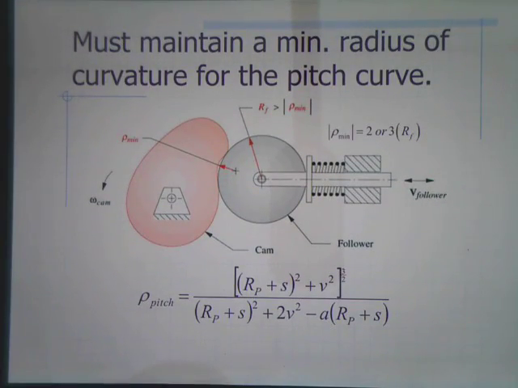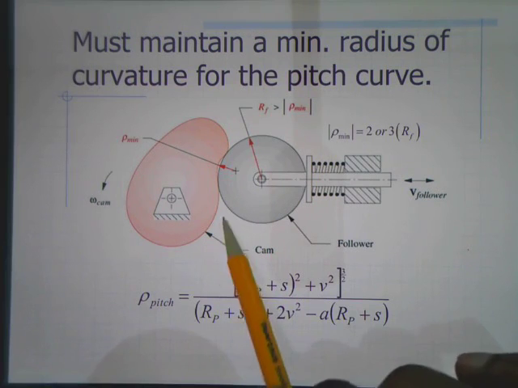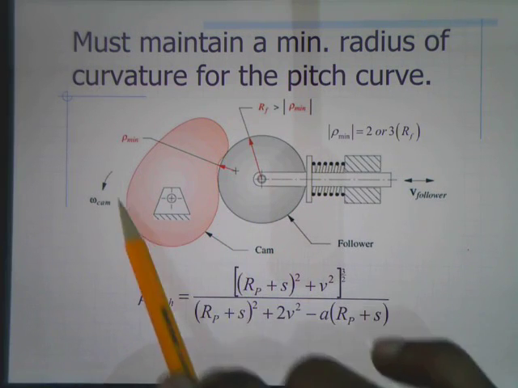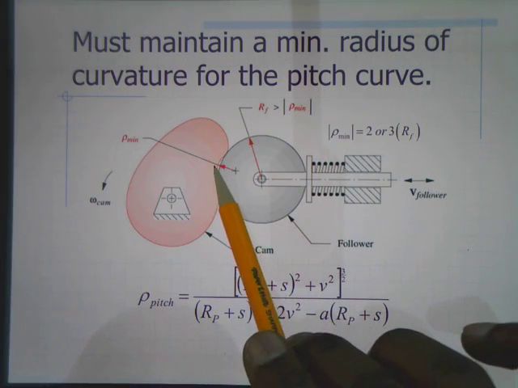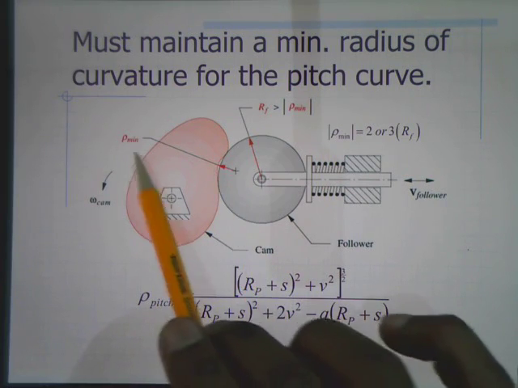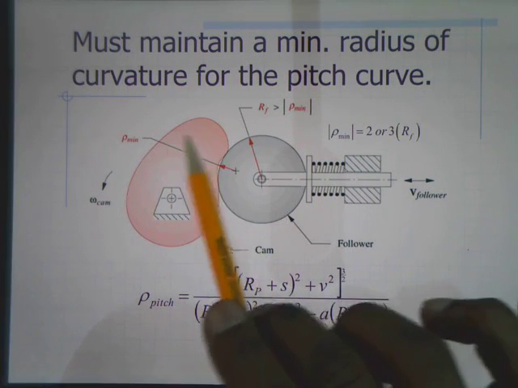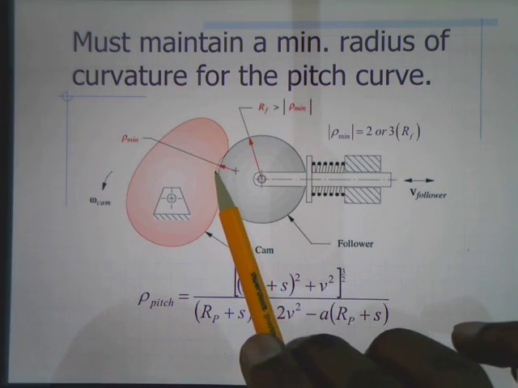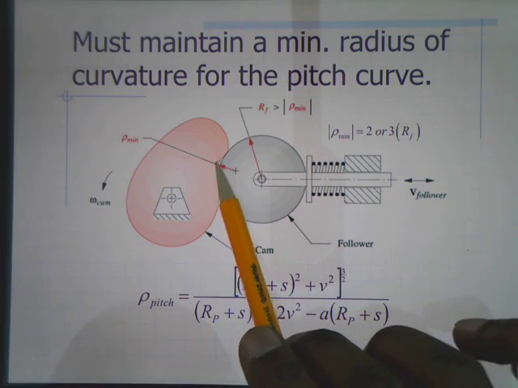We must also maintain a minimum radius of curvature for the pitch curve. You see here that we have an interesting situation. We have a quite large follower, and then we have a cam shaped here, in pink. If you notice, there's a little portion here where we have a minimum radius of curvature for this cam, and it comes in pretty sharp, such that the follower will never actually touch this portion.